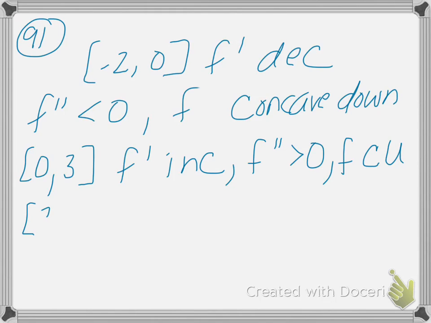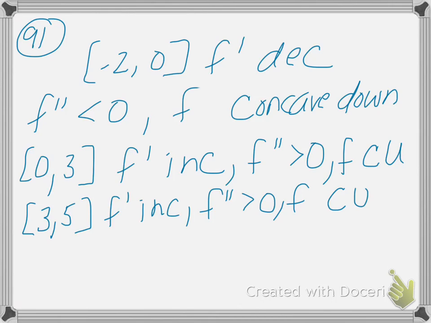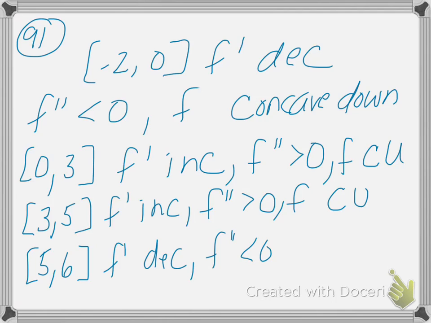Then I looked in the interval from 3 to 5, and I saw that f prime is increasing, so the same thing is happening. F double prime is greater than 0, and f is concave up. And finally, from 5 to 6, f prime is decreasing, therefore f double prime is less than 0, and f is concave down. Okay, so you have all these crazy choices, A, B, C, D, E.